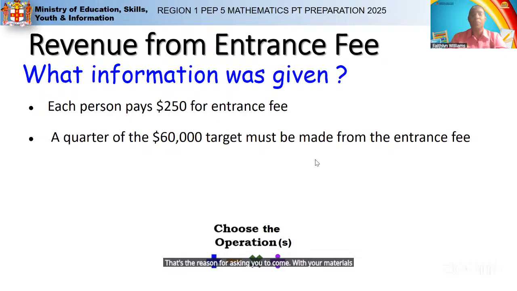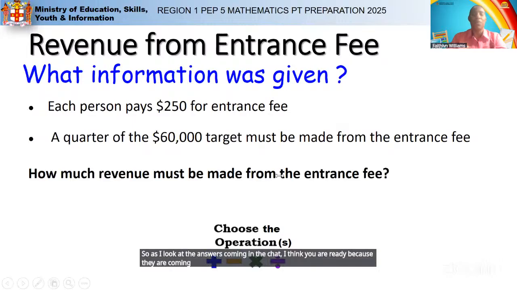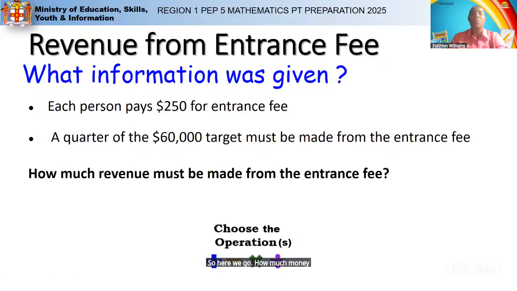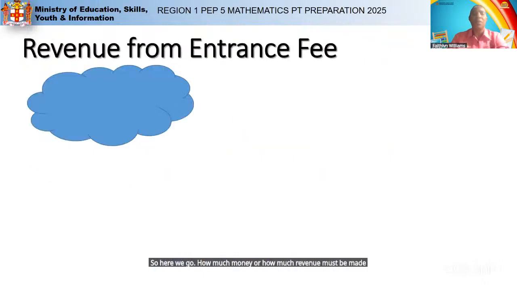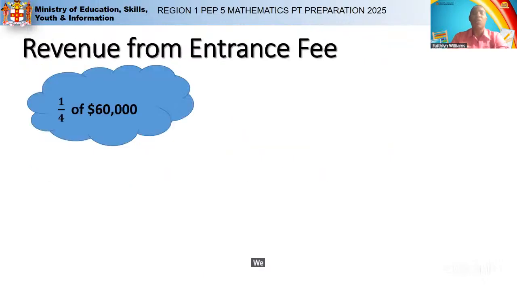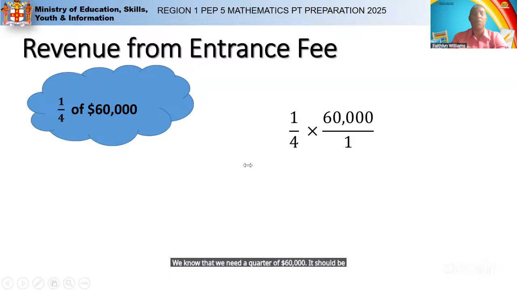Awesome. So as I look at the answers coming in the chat, I think you are ready because they're coming in fast and furious now. So here we go. How much money or how much revenue must be made from the entrance fee? We know that we need a quarter of $60,000. And what is that?